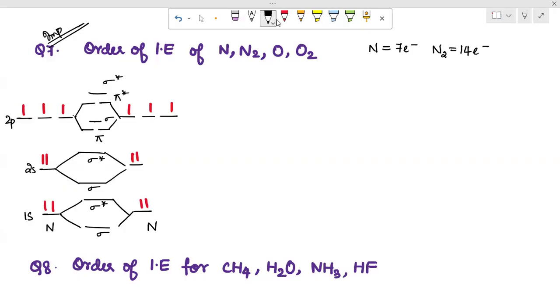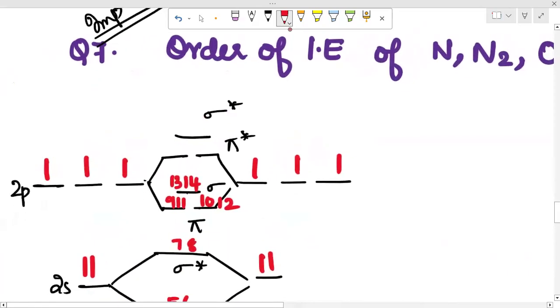So you have to fill 14 electrons. How will we fill? 1, 2, 3, 4, 5, 6, 7, 8, 9, 10, 11, 12, 13, 14. This is how you have it. If you check over here, we know that ionization energy is the energy required to remove the last electron.